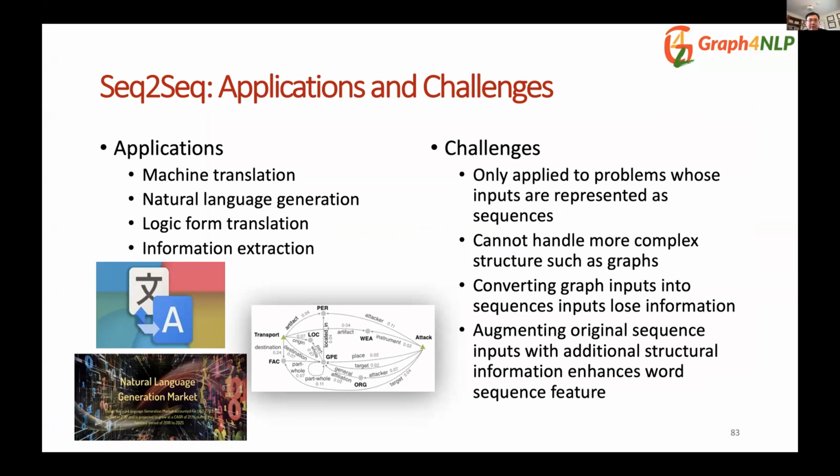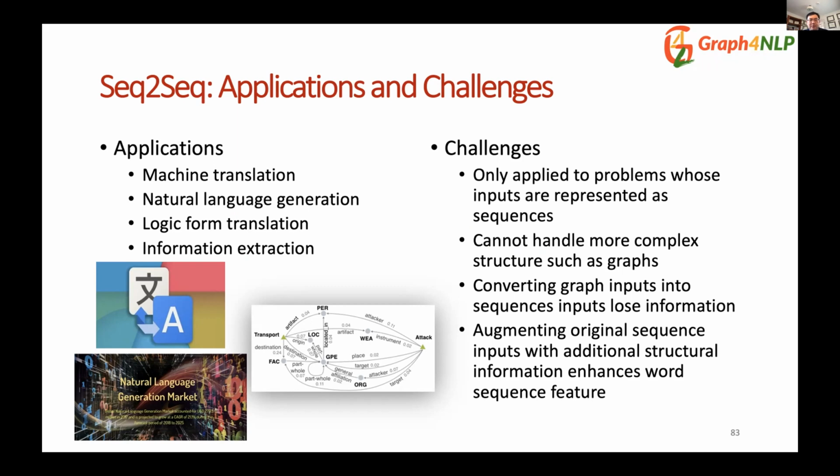For those who are not really familiar with sequence models, this is essentially a model originally developed for machine translation. You have a sequence input and a sequence output. You want a neural network model to learn a mapping between the sequence input and output, so that you can learn the translation or some kind of mapping between them, so that you can do the downstream task.